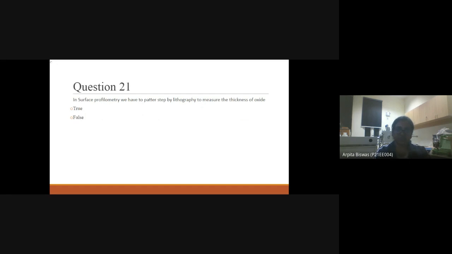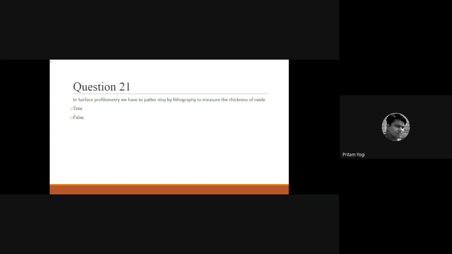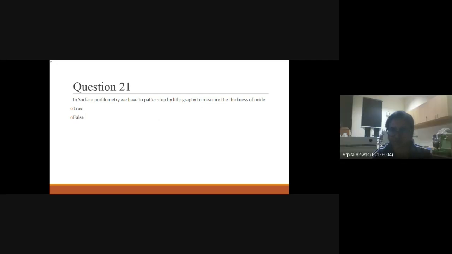So the next question is: in surface profilometry we have to pattern a step by lithography to measure the thickness of the oxide. Is it true or false? I think false. What is the right answer?